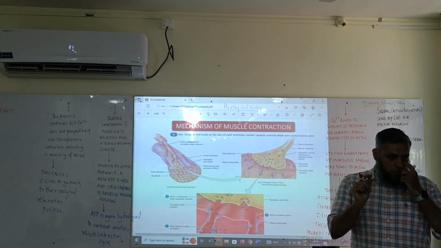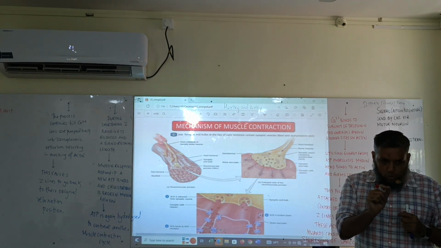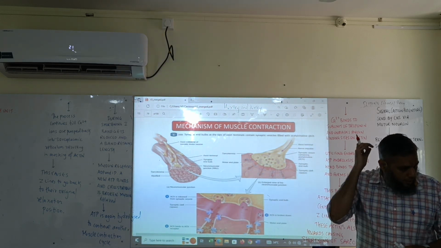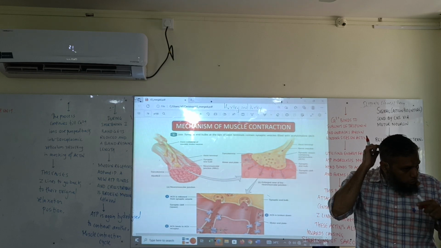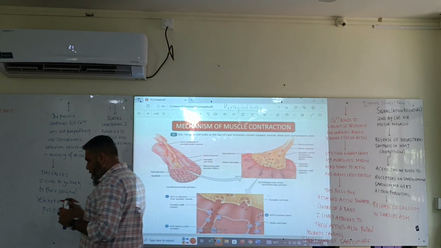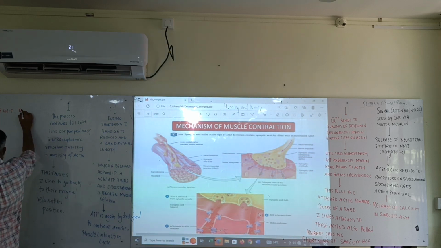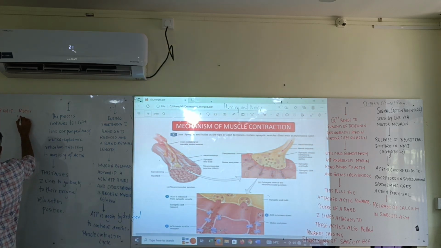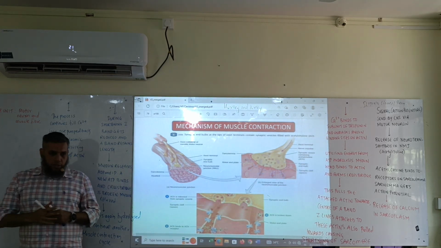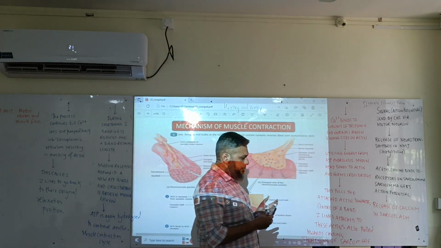Meaning the motor neuron from the brain to that one muscle fiber where it carries the signal, together they are called the motor unit. So what is the motor unit made up of? It consists of a motor neuron and the muscle fiber. Got my point?